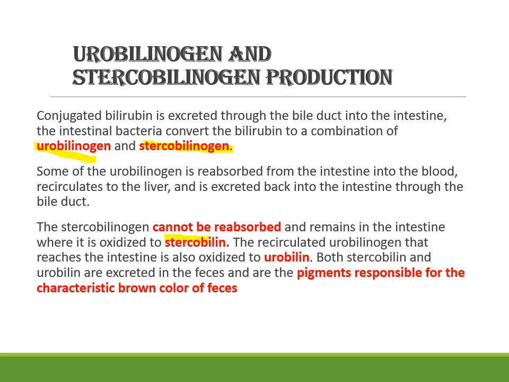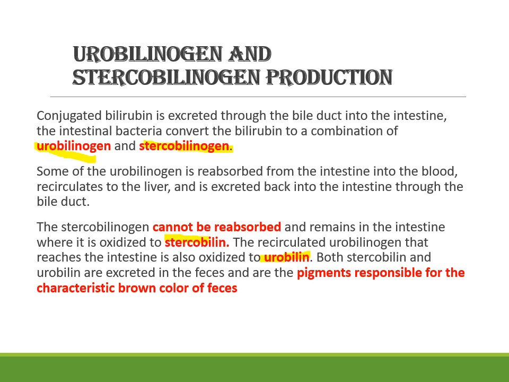On the other hand, the amount of urobilinogen that reaches the intestine when it's recirculated will undergo oxidation, and the product will be your urobilin. So urobilin is the oxidation product of your urobilinogen, and stercobilin is the oxidation product of stercobilinogen.